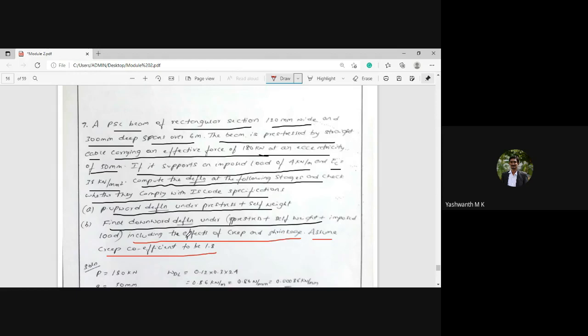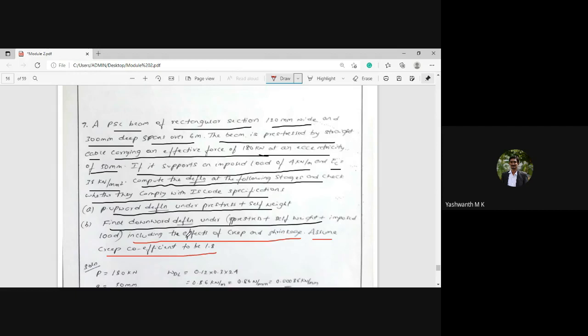So when the creep and shrinkage parameters come in, those deflections will be called long-term deflection, because the creep effect will be there for a number of years.